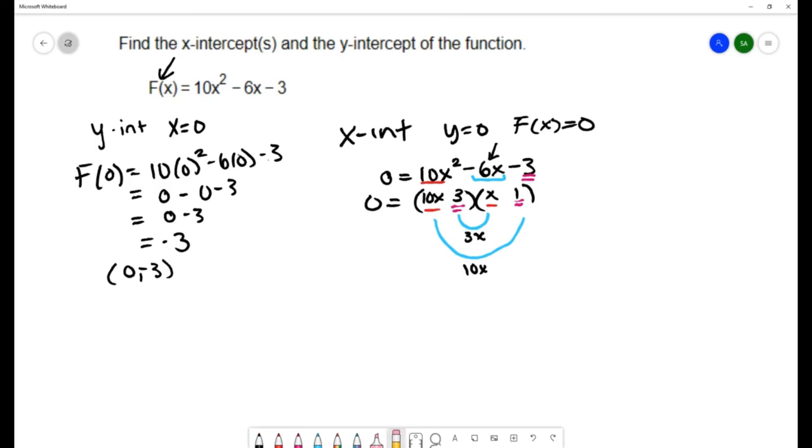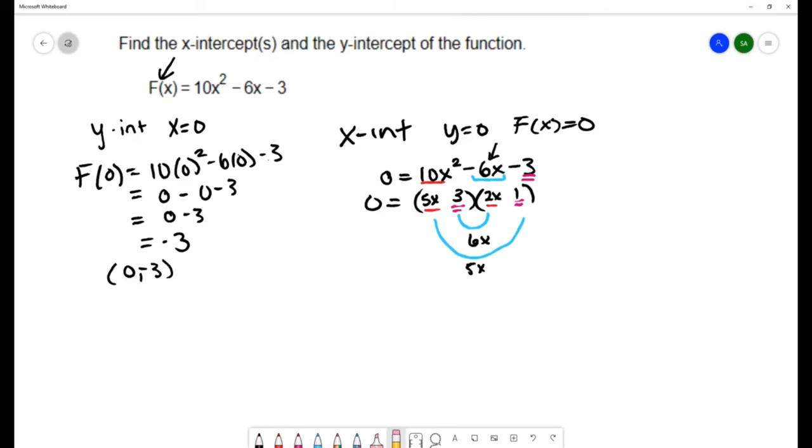And this time I'm going to switch the 10x and the x to be 5x and 2x. So let's try. The inside is 6x, the outside is 5x. 6x and 5x can't be added or subtracted to make that middle term of 6x. So this is not correct.